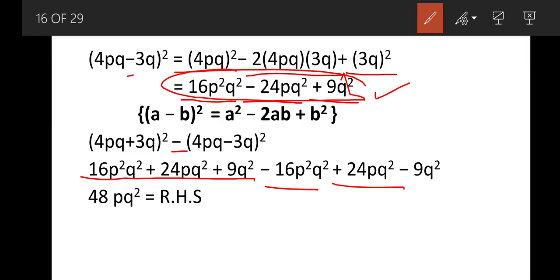Earlier it was negative, I have made it positive. Earlier it was positive, it has become negative now. So this is of plus sign, this is of minus sign, these two get cancelled out. This is of minus sign, this is of plus sign, these two get cancelled out. So what is left? 48pq square after adding 24pq square and 24pq square, which is equal to the right hand side.